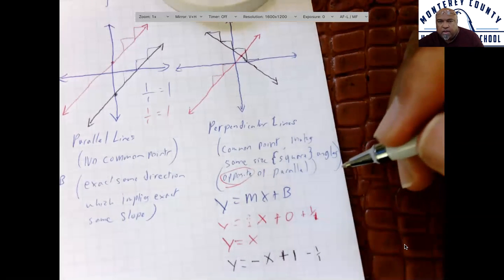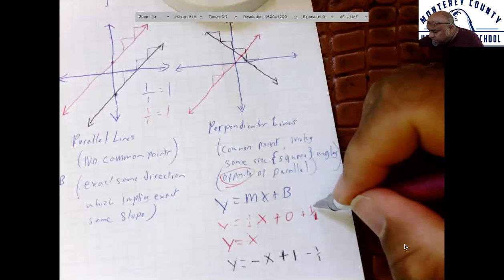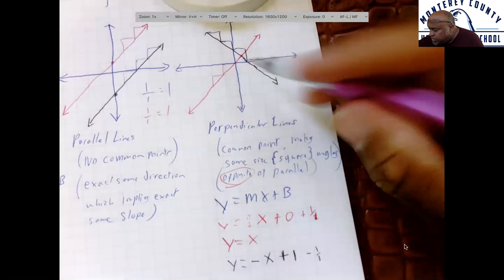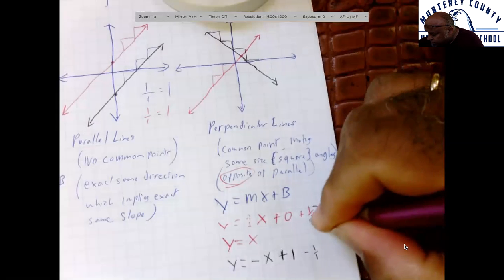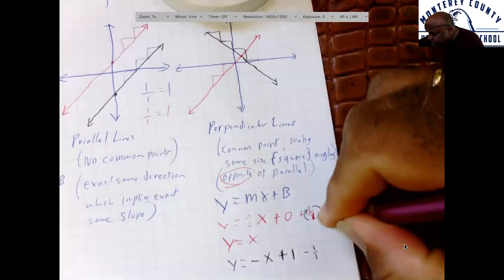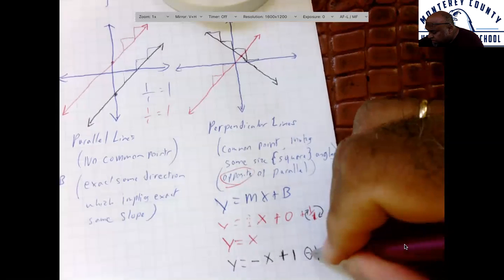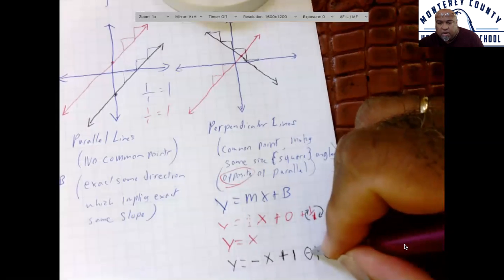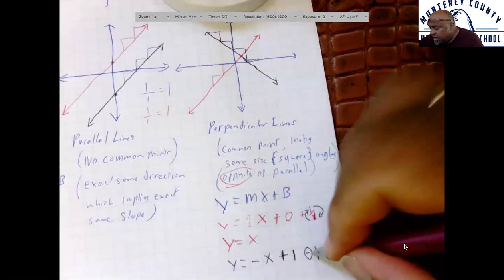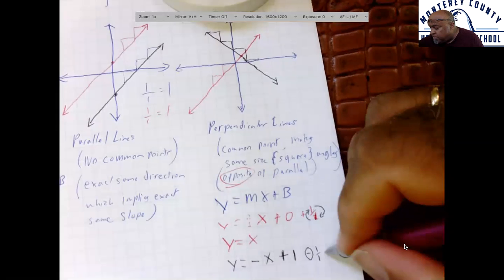Now, in reality, with perpendicular lines, the slope for the perpendicular line is going to be opposite, the opposite value, so meaning that it's negative as opposed to positive, and it would be the reciprocal, meaning that whatever your numbers are, they're going to be flipped.